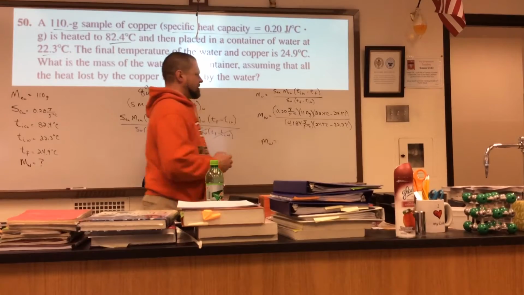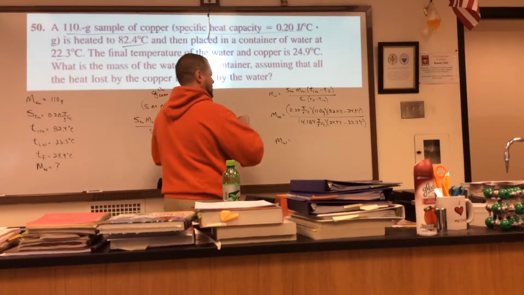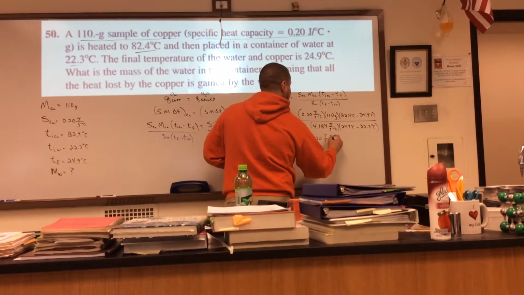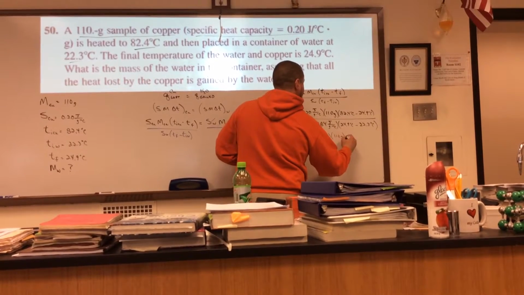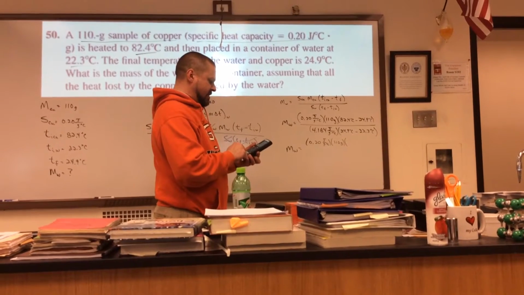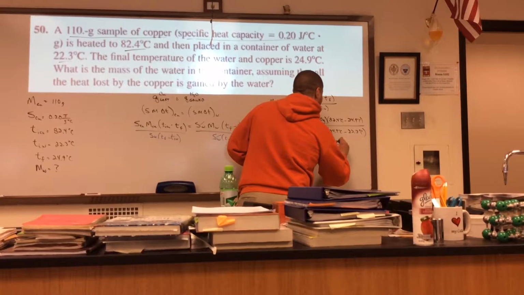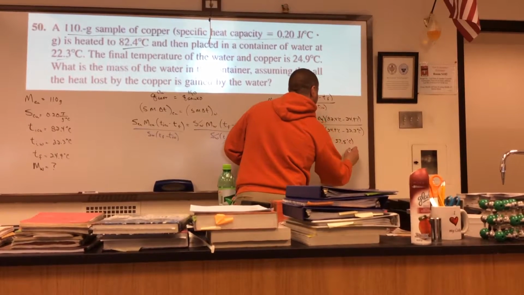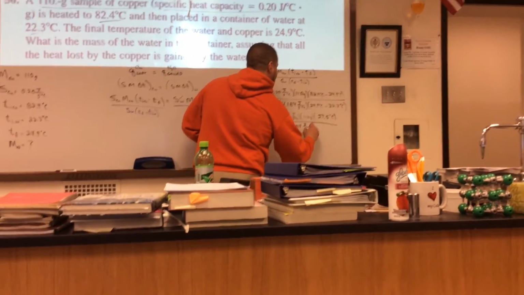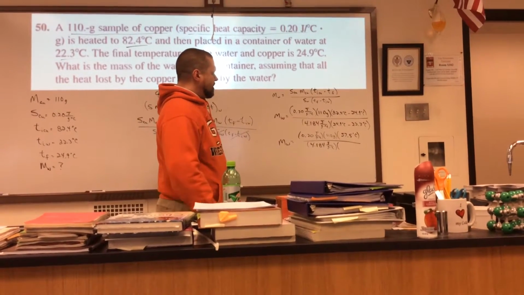Mass of water equals, so I'm just going to do my subtractions first, get that out of the way. So I have 0.20 joules per gram times degree C times 110 grams times 82.4 minus 24.9, 57.5, all divided by 4.184 joules per gram times degree C. And then that should be, what, 2.6?